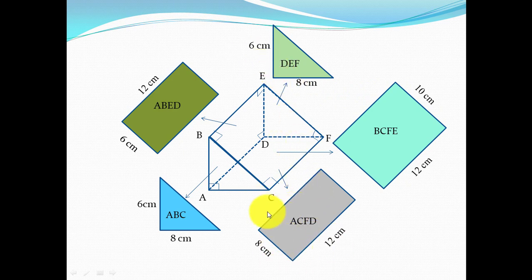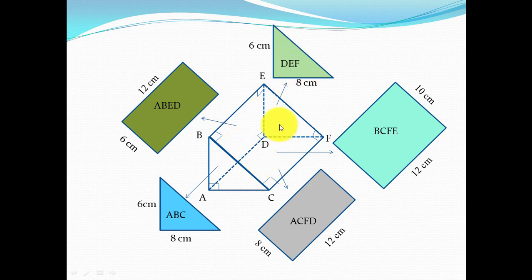This side is the bottom. I have to explain in detail. ACFD, you can see ACFD, it's a bottom rectangle, and BCFE, this is the left upper rectangle, and ABED, you can see this is the left rectangle, and this is a forward triangle, this is a backward triangle.